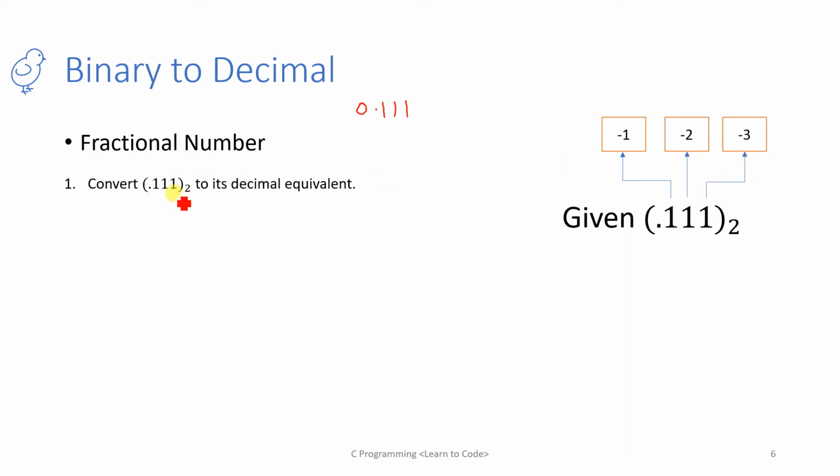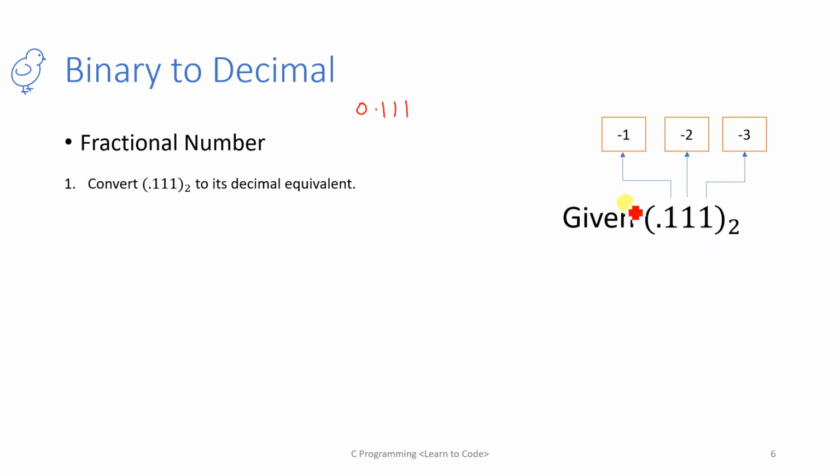If other digits existed here, then obviously -4, -5 would be assigned. But for this example, I assign -1 to the first digit after the decimal point, -2 to the second digit, and -3 to the third digit.